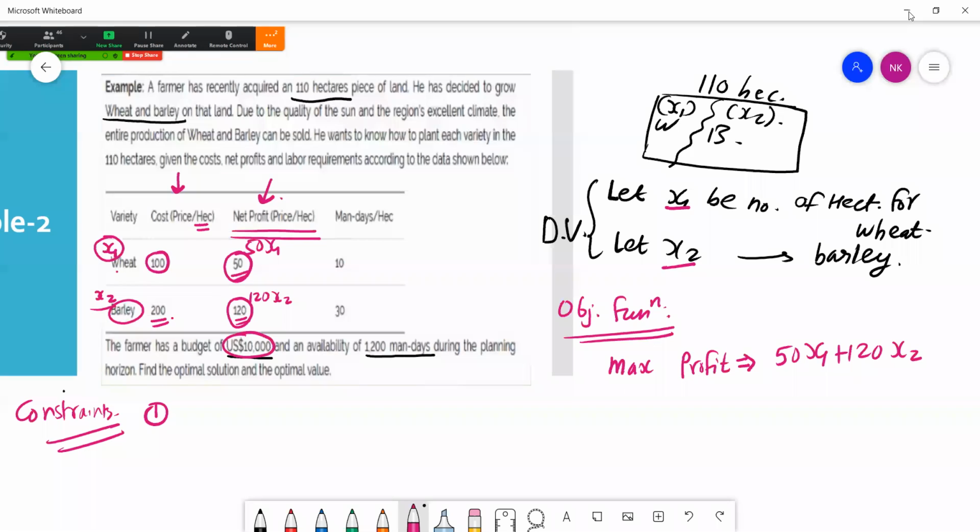So let's say we have grown x1 hectares of wheat where each hectare is costing us 100 rupees, plus we have grown x2 hectares of barley where each hectare is costing us 200 rupees. This should be less or equal to 10,000. This is the constraint corresponding to cost.